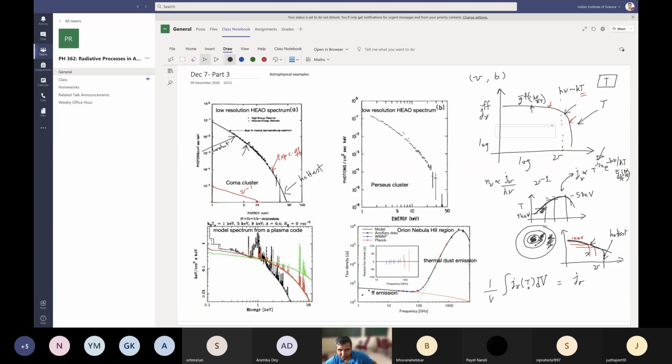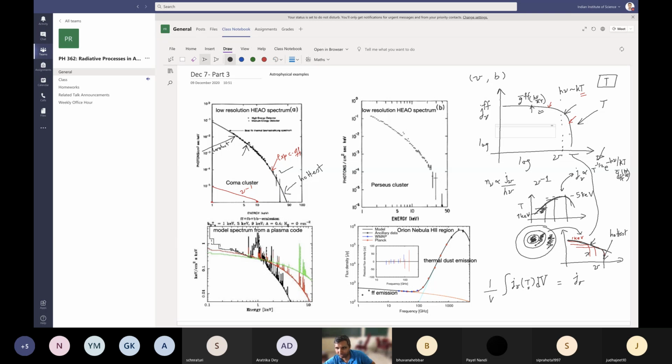So the point I'm trying to make is that just because this does not look perfectly like this doesn't mean Bremsstrahlung is wrong. This is only for a single temperature plasma, right? So it comes close, but it's not a perfect match. So what people do most of the time is they create a model profile and then add them all together and then match with the observation.